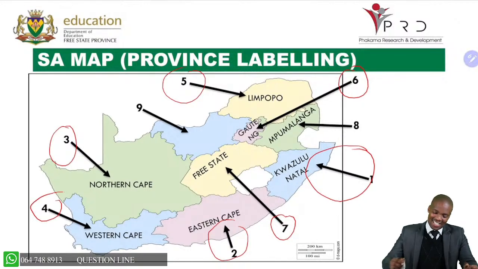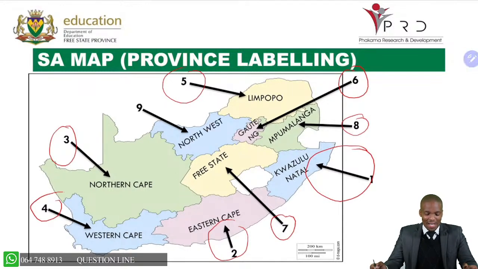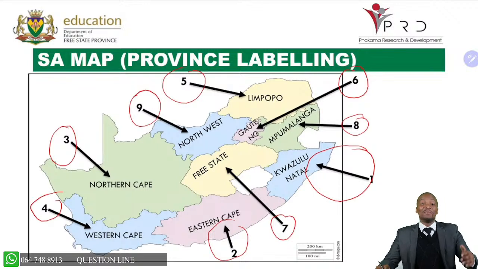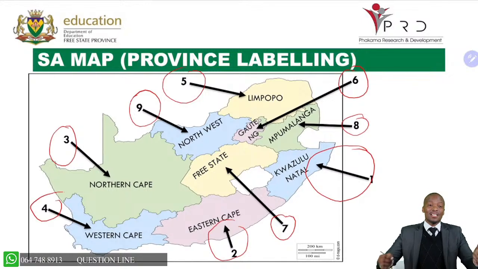Number 8 is Mpumalanga. And then number 9 is the Northwest. So if you are able to label all 9 of these provinces as they are, it could be easy for you to answer the questions. So, which province is the biggest? We understand that it is the Northern Cape, the largest in terms of landscape. But in terms of population, it is the smallest.